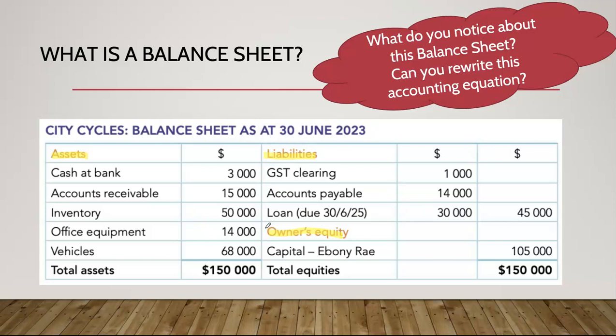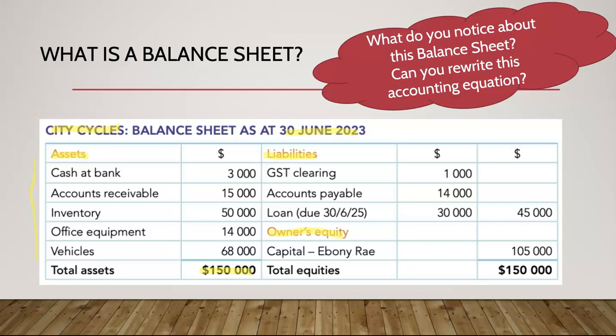So this balance sheet is for the 30th of June for a business called City Cycles. What do we notice? It is showing our accounting equation. Our assets are $150,000, and all of our assets are listed on the left-hand side of our report.